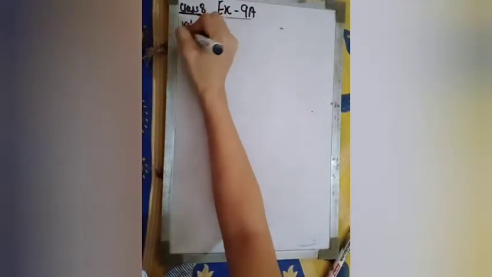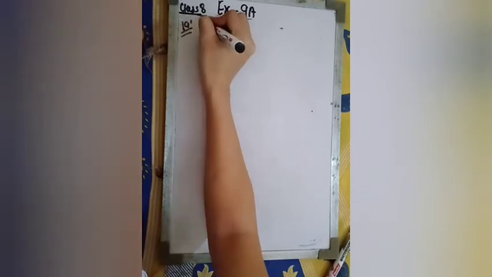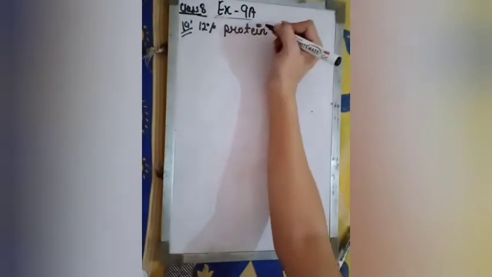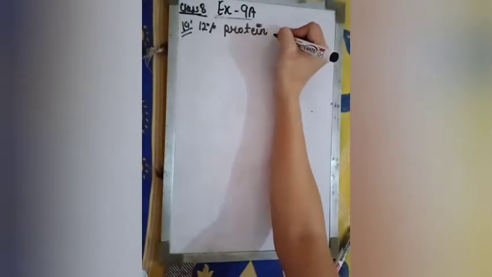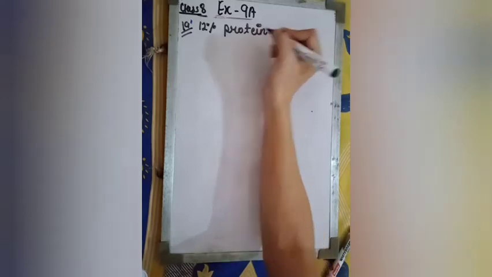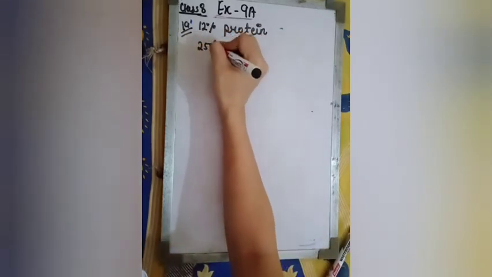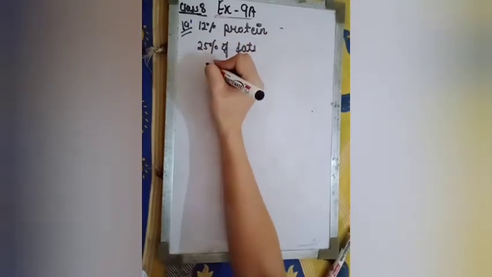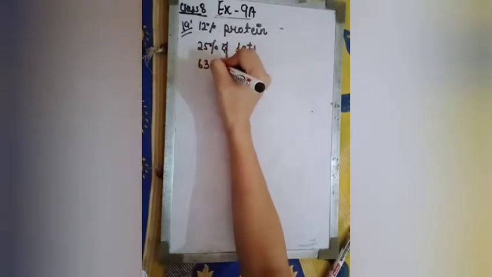They are saying in a balanced diet, here is 12% proteins. This question is very easy and important. So mark this question as important. We have 12% protein, 25% of fats and 63% carbohydrate.